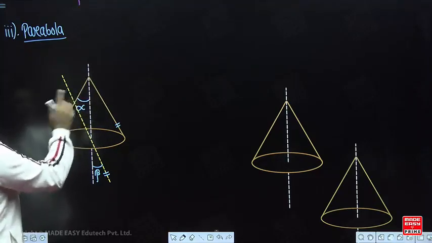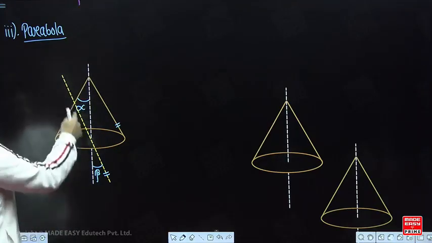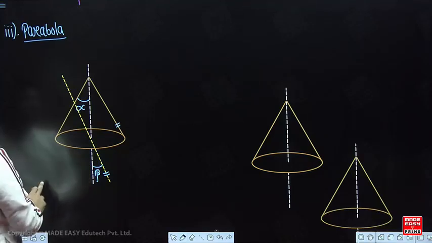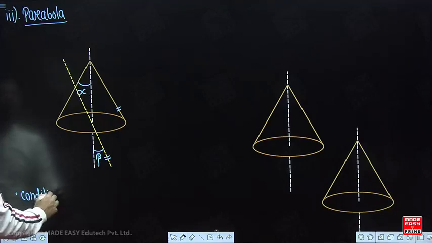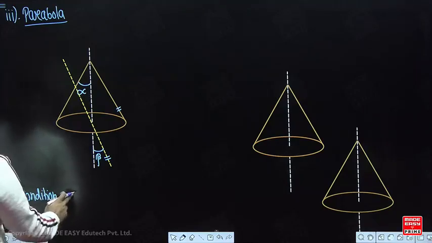The angle between the generator and the axis is alpha. Similarly, this is parallel to the generator, so this beta and alpha will be the same, right? So what is the condition? Condition for parabola, correct?